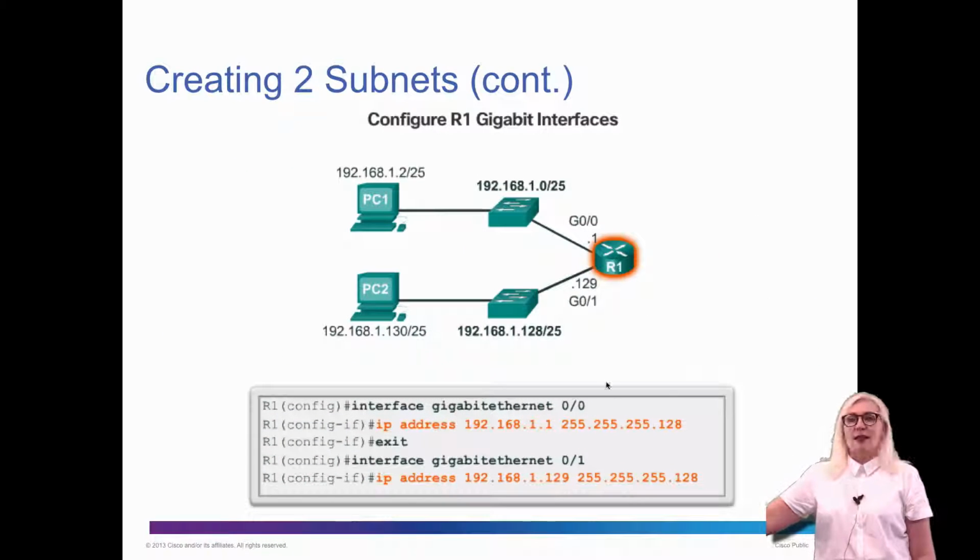So then I can create a network on each side and on each interface here on my router, and I can give, for instance, the router interface the first valid IP address in each segment, 1 here and 129 here on router G01, for instance.